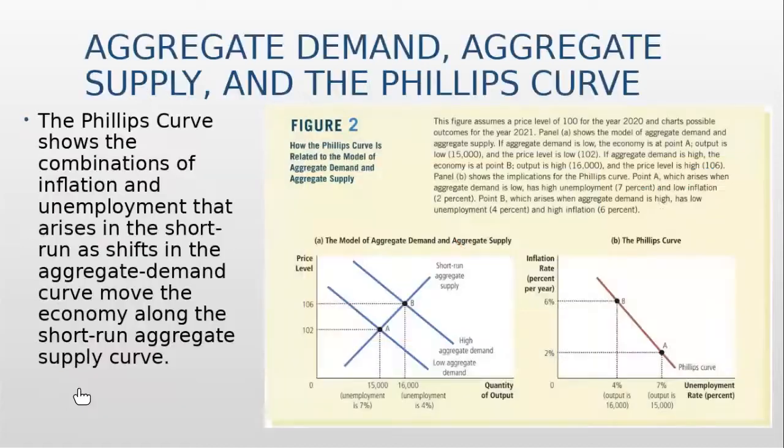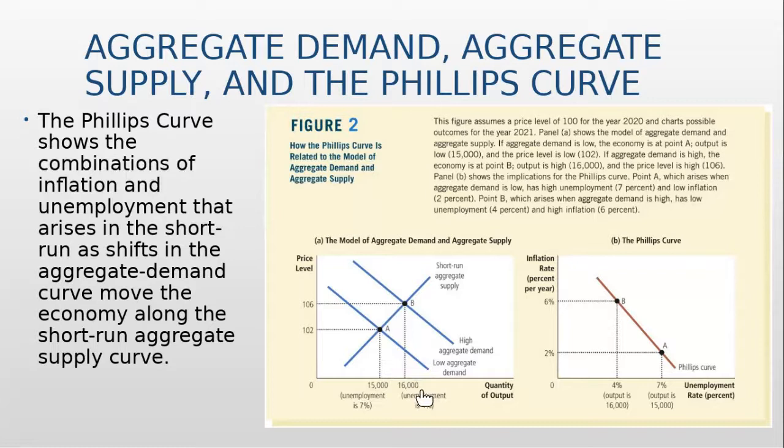Now, what does this mean for aggregate demand and aggregate supply? Well, the Phillips curve shows the combinations of inflation and unemployment that arise in the short run as shifts in the aggregate demand curve move the economy along the short-run aggregate supply curve. So if we trace over here, for example, say point A is the equilibrium in a lower aggregate demand period, where unemployment is 7% and the price level is 102. If aggregate demand shifted rightward, this would mean a lower unemployment rate and a higher output.